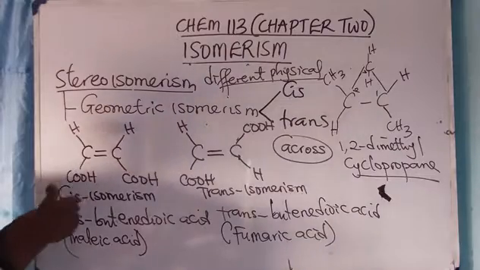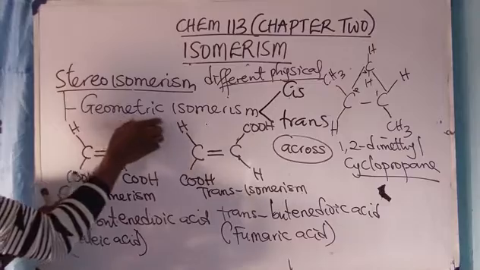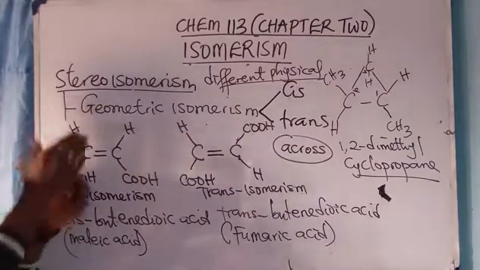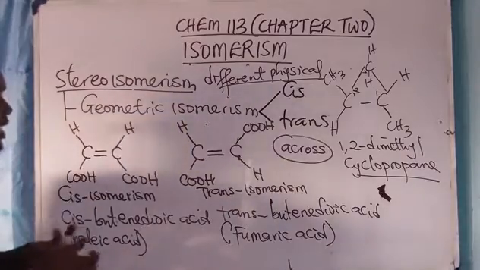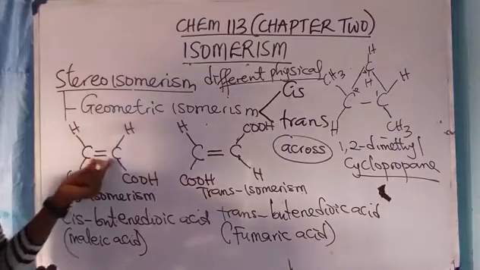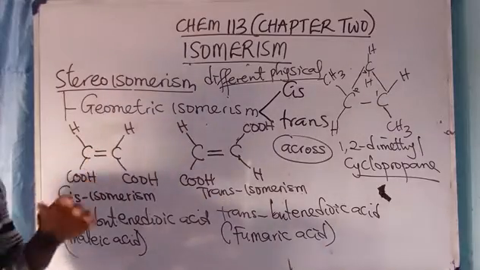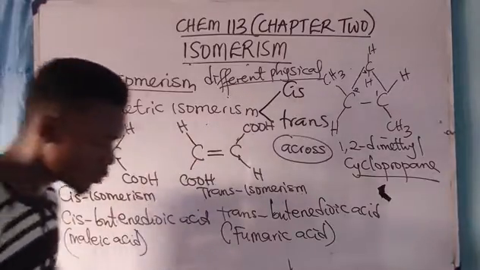And please, owing to the fact that we have a double bond present in geometric isomerism, rotation is what? Limited. It cannot rotate freely because of these double bonds, that is the carbon to carbon double bond.